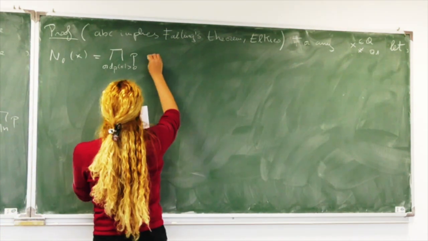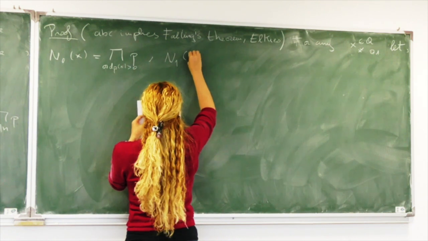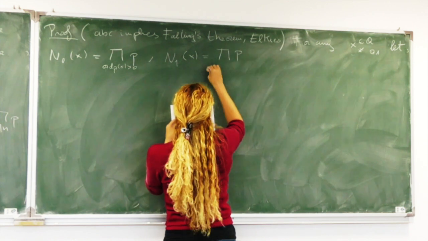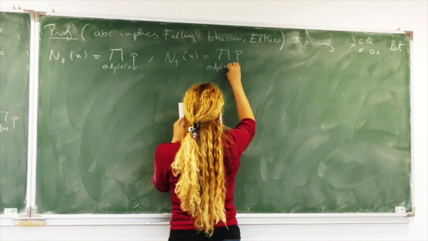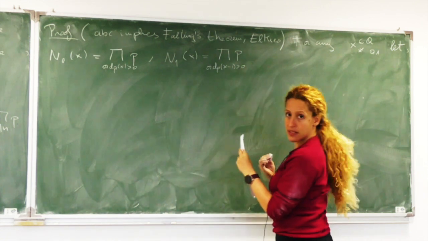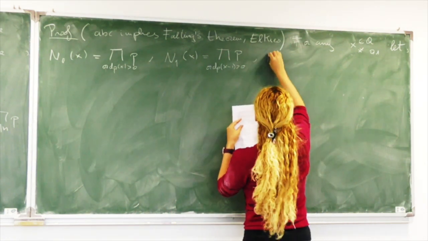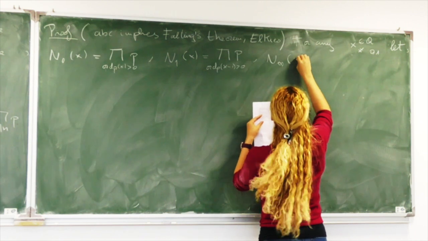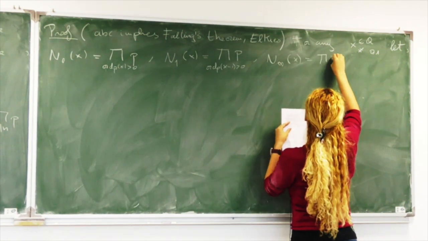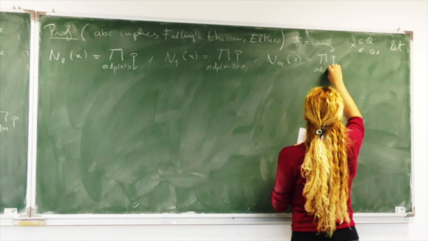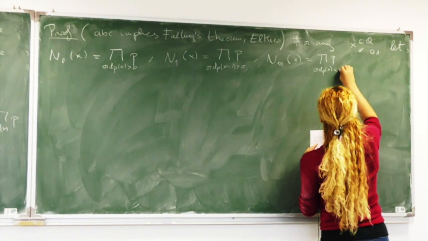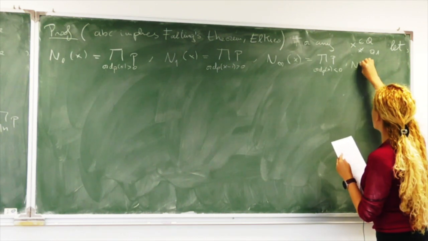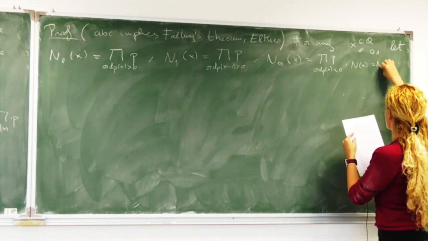You will see. n1 of x, I define as the product of the primes such that the order at p of x minus 1 is greater than 0. And then I define n infinity of x as the product of the primes such that the order at p of x is negative.